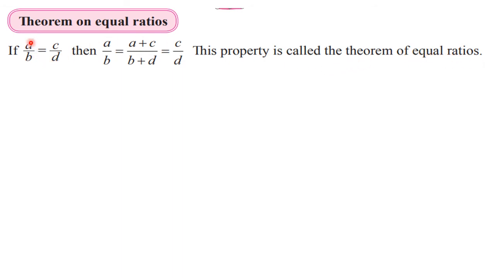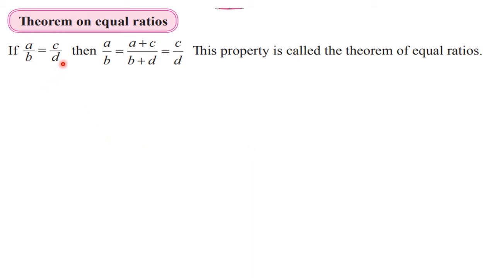See, if A upon B is equal to C upon D, that means A upon B is one ratio and C upon D is second ratio. But if we add the numerators, that means A plus C, and if we add the denominators in the denominator, that is B plus D, then this ratio is also equal to the old ratios. Okay. So this is called as the property or theorem on equal ratios.